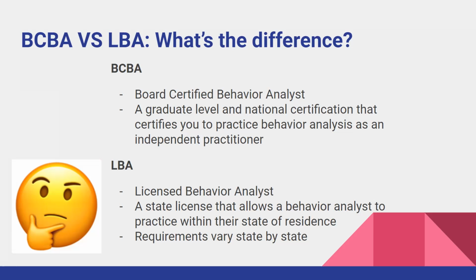So not all of the 50 states have their each individual license requirements. New York has their own, California has their own, I believe Massachusetts has their own. So it really varies state by state. But in this workshop, we're going to be going over the New York LBA.